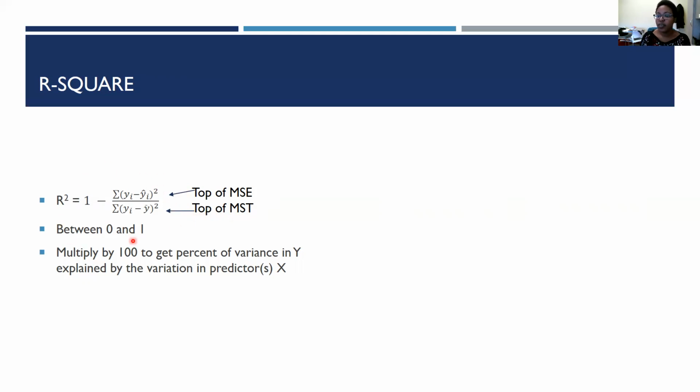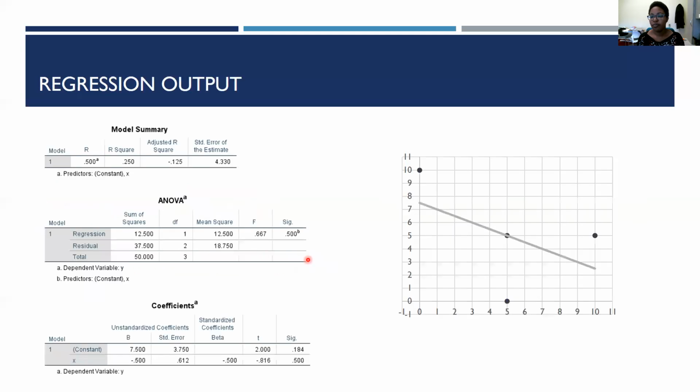It's going to give us a number between 0 and 1, and when we multiply by 100, we get that percentage of variance. So in our data, we would say that 25% of the variance in your quiz grade is explained by how much TV you watch.